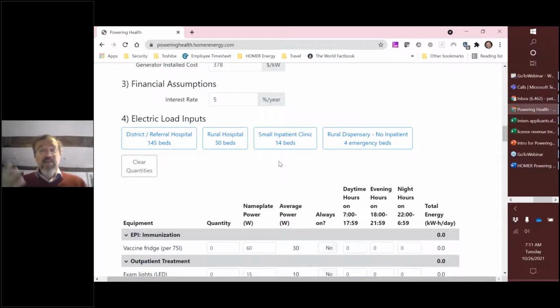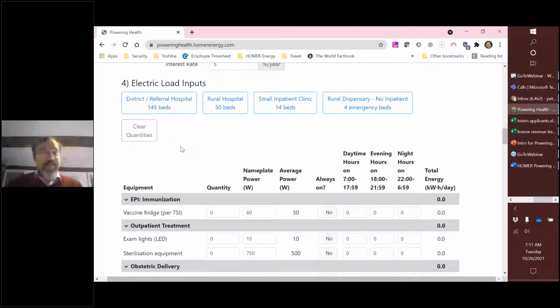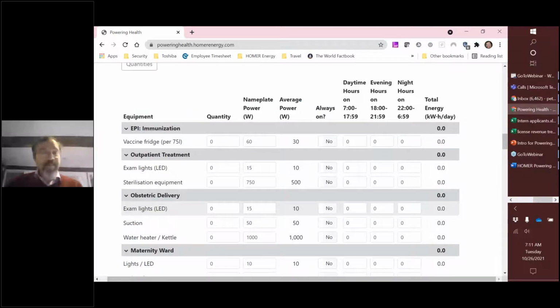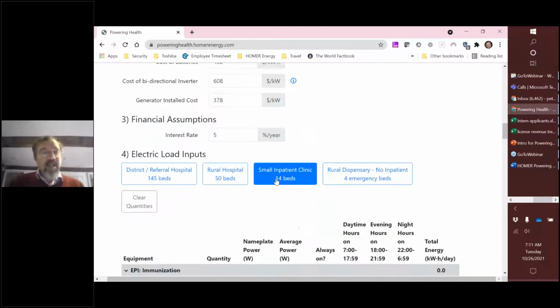One of the things that's really struck me about this sector is just how diverse these displacement settings are. So these are just templates. They pre-populate this sort of spreadsheet with, I pick, for example, a small inpatient clinic.